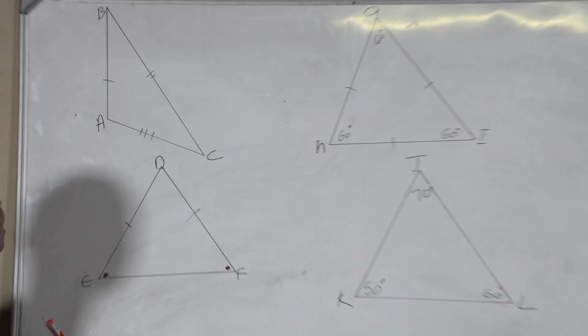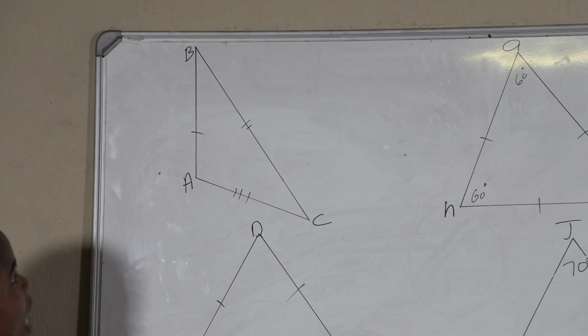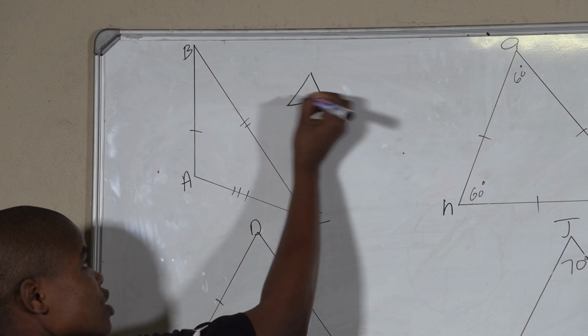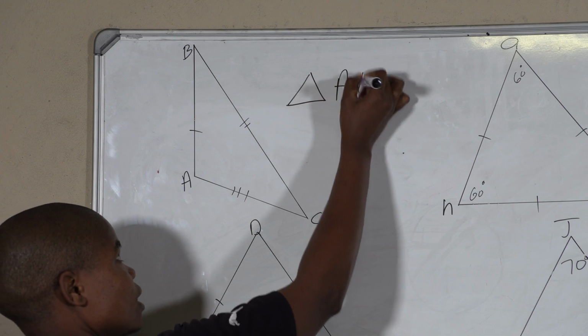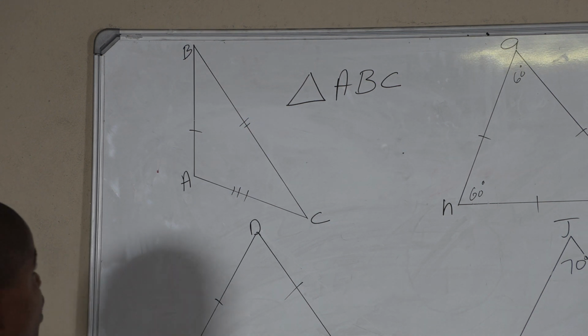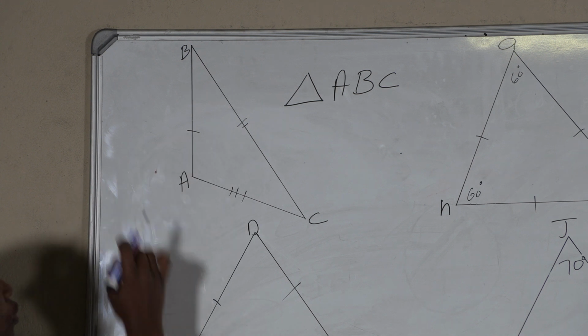Okay? Looking at this triangle, we call it triangle ABC. So mathematically, we use the notation triangle ABC. Okay, this kind of a triangle, looking at it, it has got different sizes of the sides.